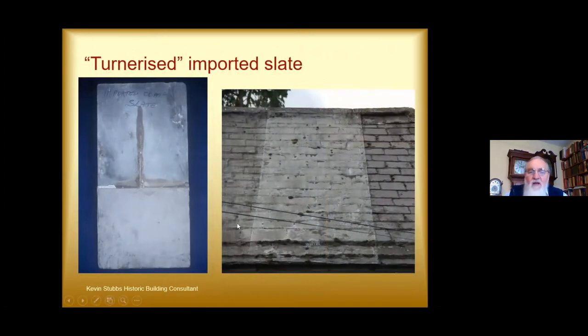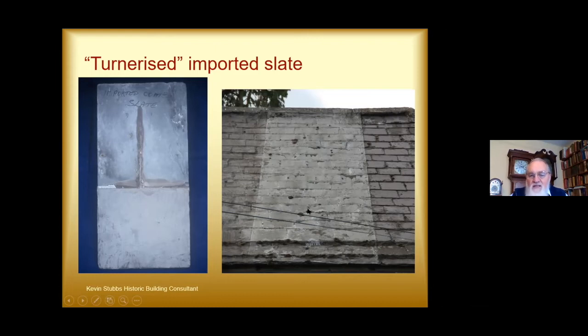Okay, if the slates on your slate roof are beginning to slip, or if they're getting badly eroded due to iron pyrites, etc. One of the answers, very popular in the 1970s, was this process of turnerizing, where somebody went up onto the roof with a bucket of pitch, sometimes with strands of fiberglass added to it, and this was brushed liberally over the surface to glue the slates back into position.